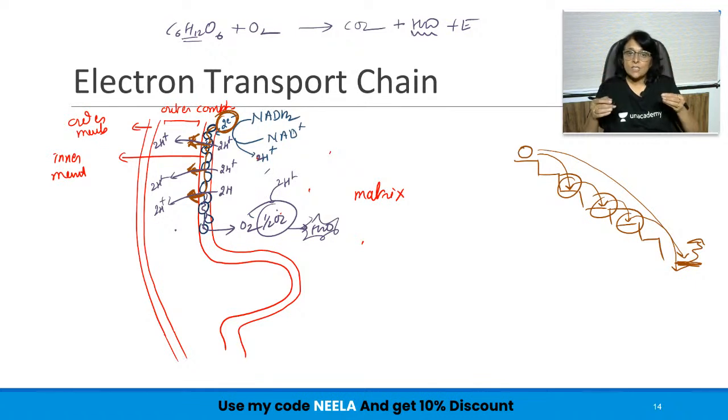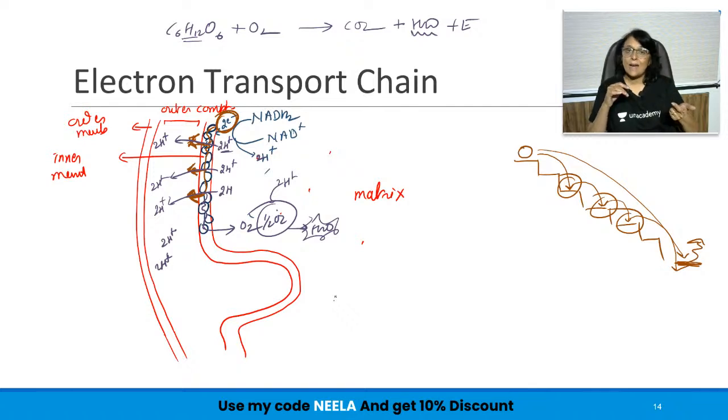And whenever energy is released, a pair of protons from the matrix will be pumped into the outer compartment. So now in the outer compartment there is higher and higher concentration of protons. So now there is a proton imbalance. In the outer compartment more protons, in the matrix less protons.